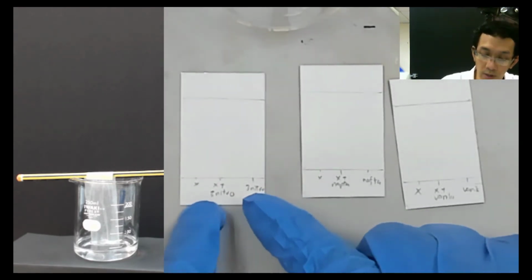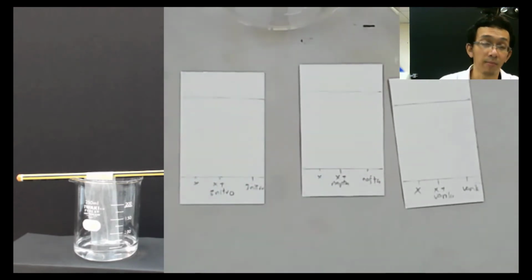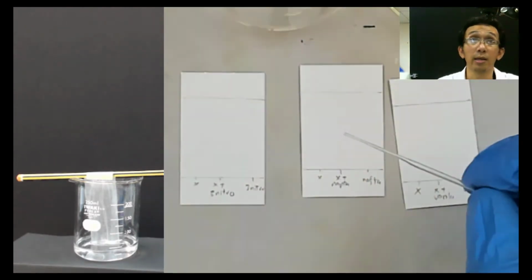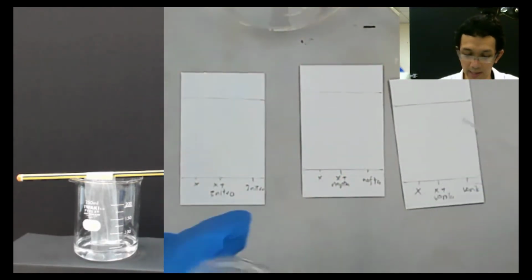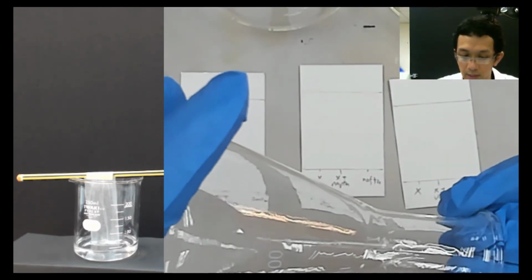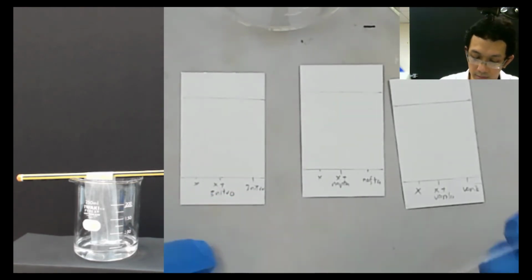Because if you spot in the middle first, then it will contaminate. We want to minimize the contamination and also minimize the use of spotters. So that's why we take another, new spotter, and then as usual repeat. So actually TLC is not really difficult.